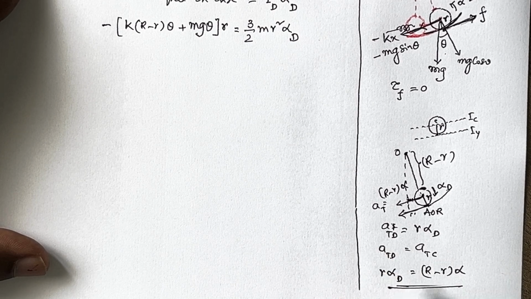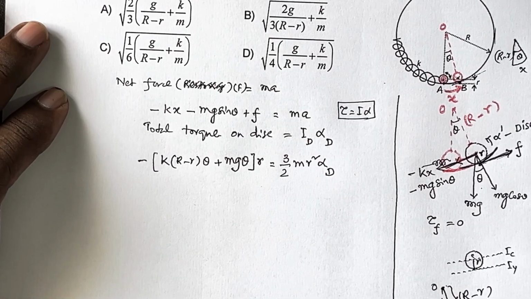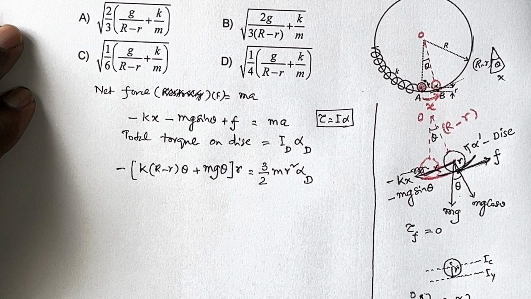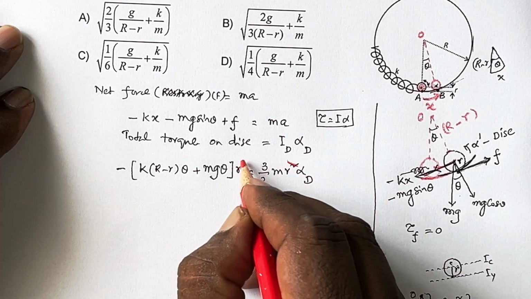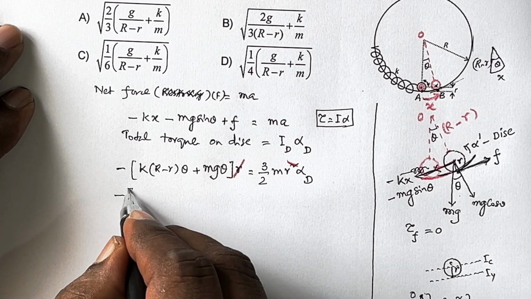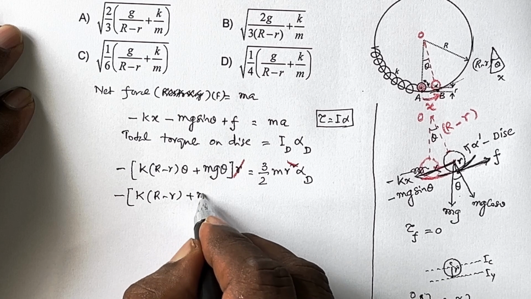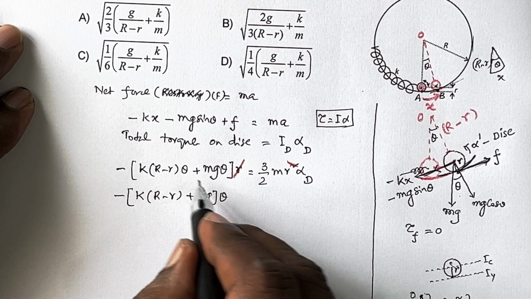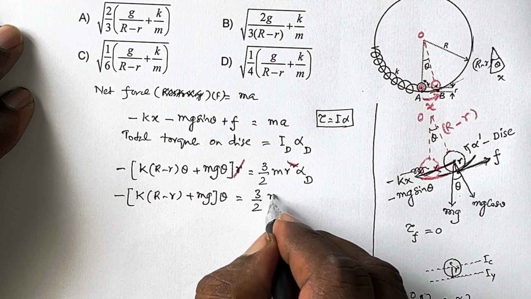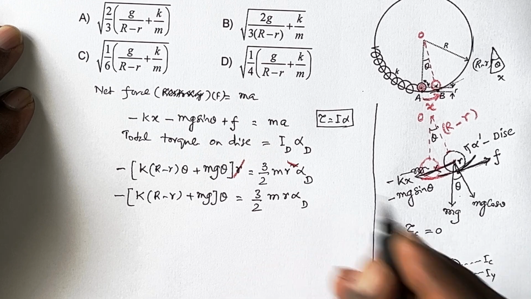Here you see, 1 r will cancel. So I am having k(R minus r) plus mg theta, I have taken common from these both terms, equals 3 by 2 m, 1 r is cancelled, r alpha of the disk.